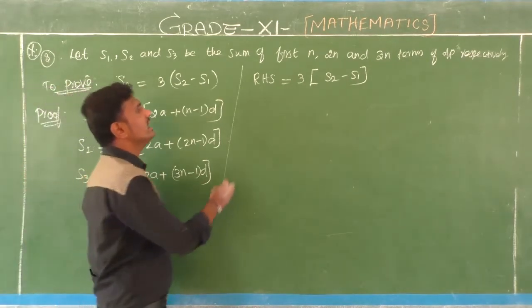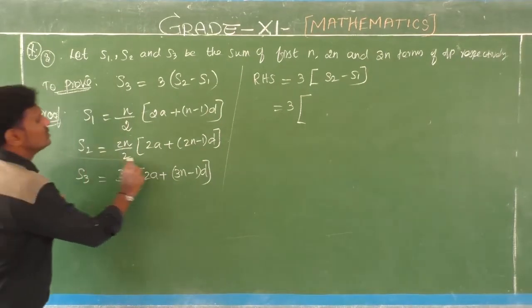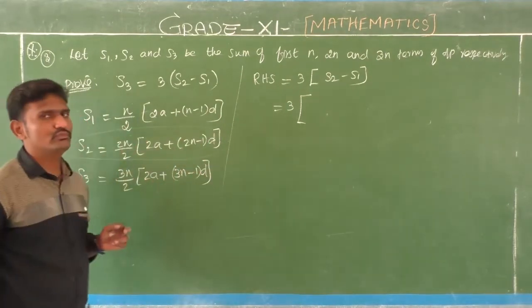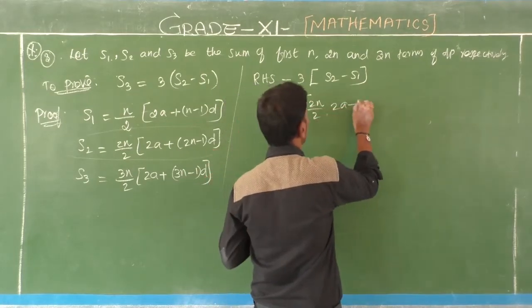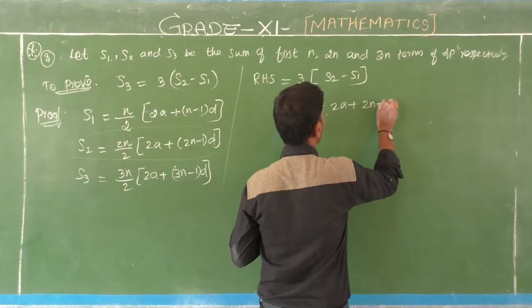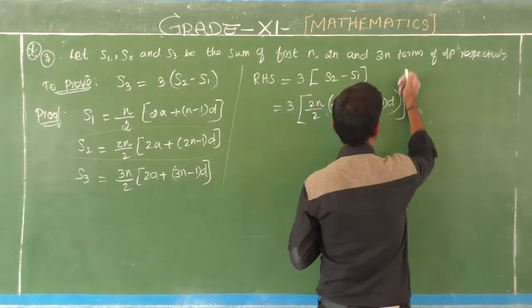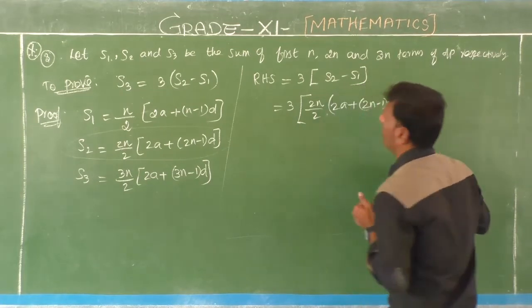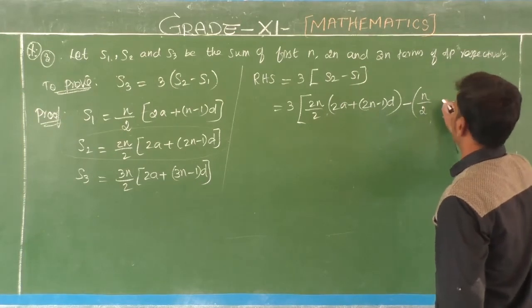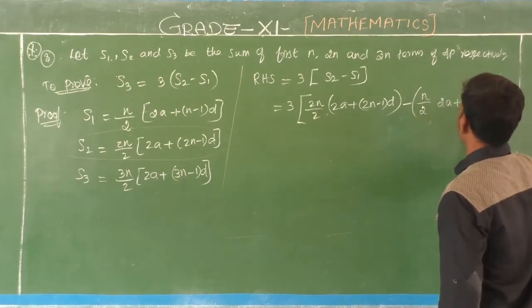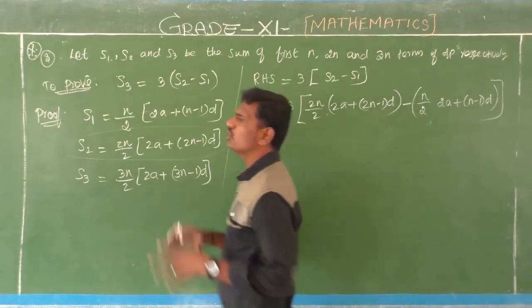Yes, students. Now you are going to use the formula for S2 here. What is S2? S2 is 2n by 2 into 2a plus 2n minus 1 into d, minus S1, for which you have the formula n by 2 into 2a plus n minus 1 into d. So look at the two terms.